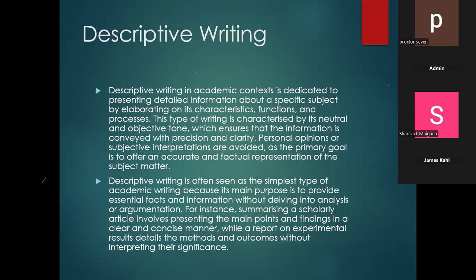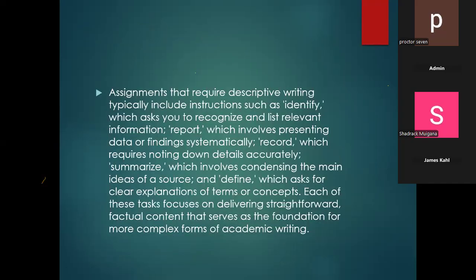And that is why descriptive writing is seen as the basic, the simplest form of writing. That's why it is not highly respected. Let's move on. Assignments that require descriptive writing typically include instructions such as identify, which just asks you to recognize something, or to give a list, report, summarize.